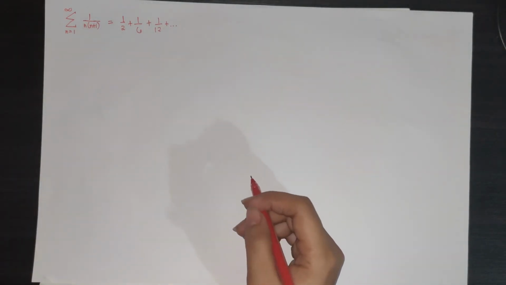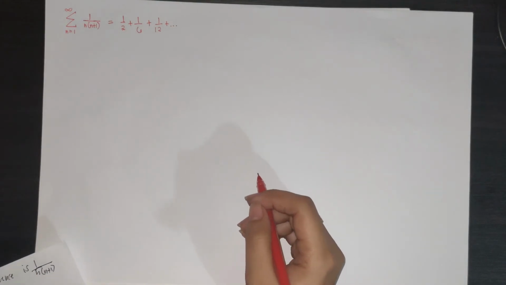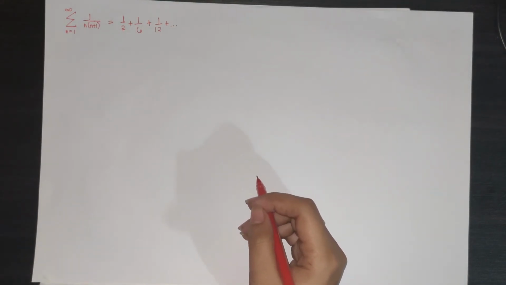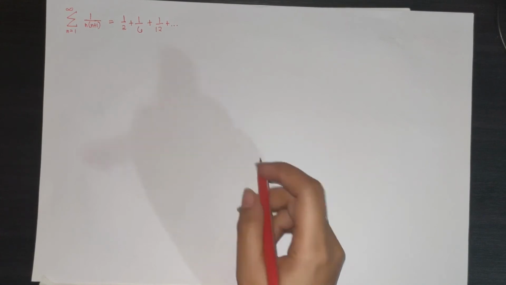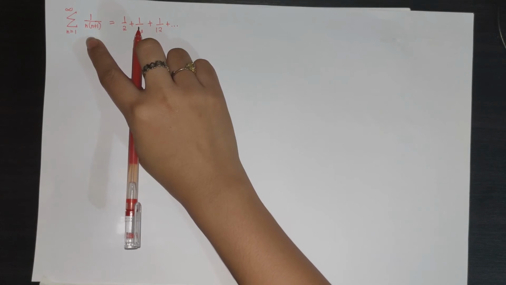The reason for that is we need to change the form of the problem. What we need to do is take this fraction and decompose it into two simple fractions.